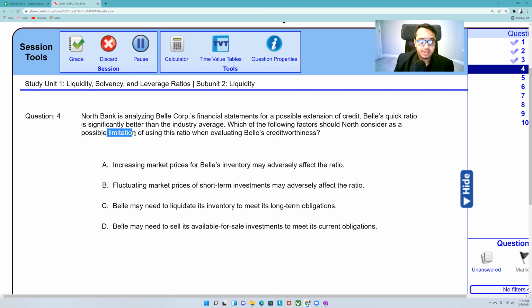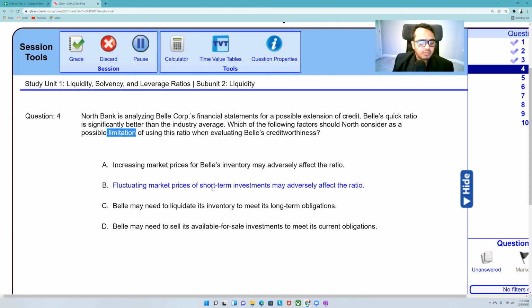So if he does not want to extend his credit, if he wants to be more keen in looking into the financial statements, what can be wrong in it, how should he evaluate the creditworthiness of Belle? So we can see in here, increasing market prices for Belle's inventory may adversely affect the ratio. I don't think so. It's making sense.